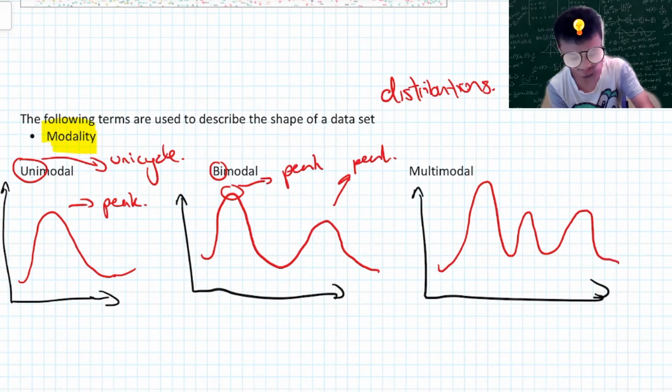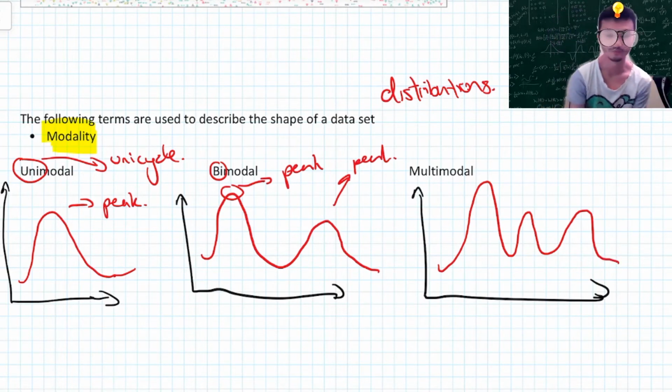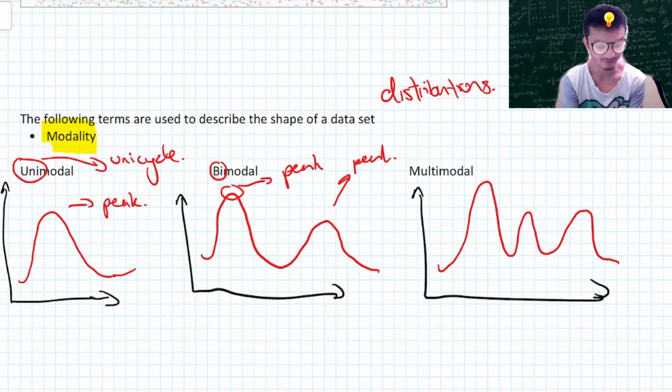As long as these are separated and there are clear distinctions between each of these peaks, then we count them as separate ones. Now that's modality. We're looking at the frequency, ones that have a particularly high frequency, but the language I'm using is that we're looking for the peaks.